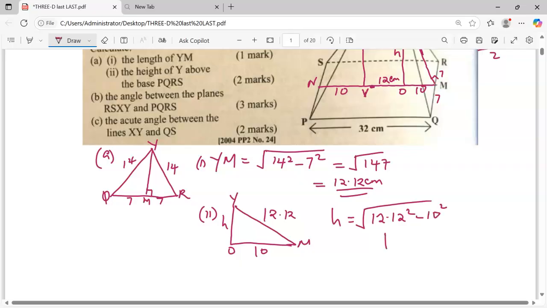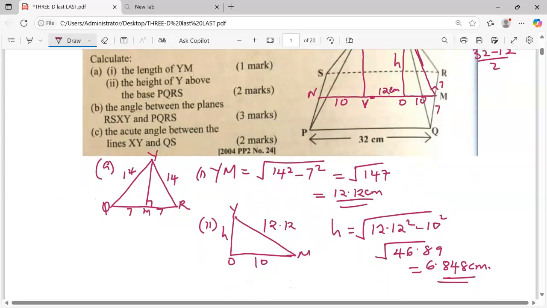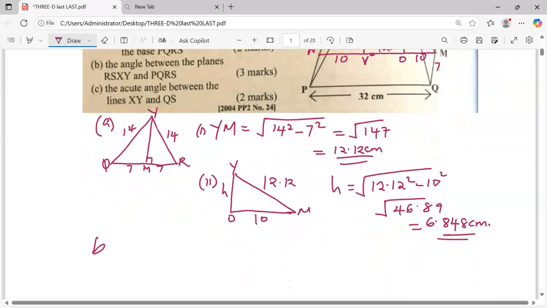And this one is going to give us the square root of 46.89, which is going to be equal to 6.848 centimeters. Once we have gotten the height, we move to part B of this question.